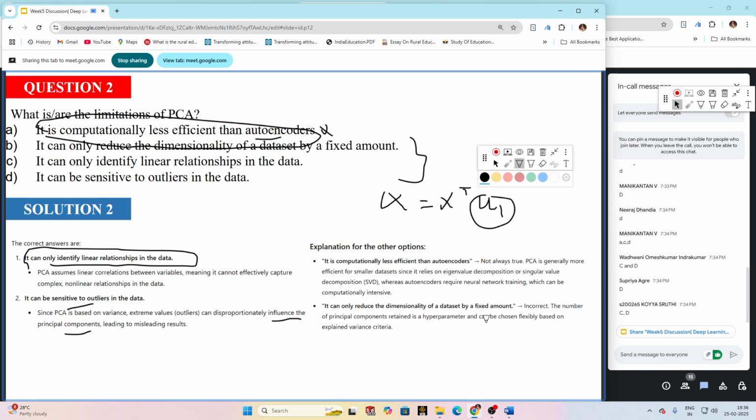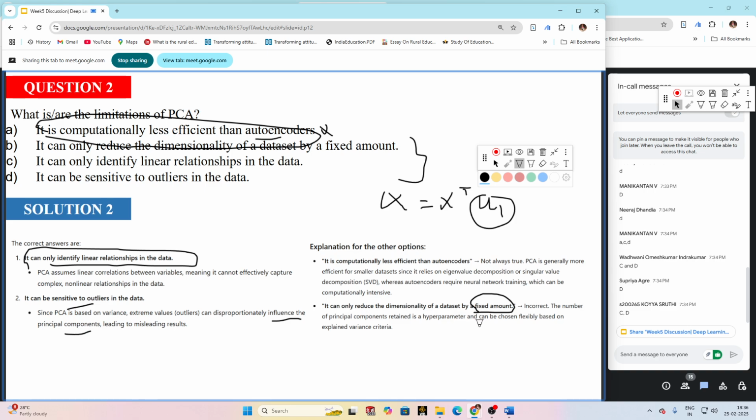It can reduce dimensionality of data to a fixed amount. That is true to some extent, because it can reduce your number of principal components to a fixed amount according to the value of the eigenvalues, or according to the dominant eigenvalues.